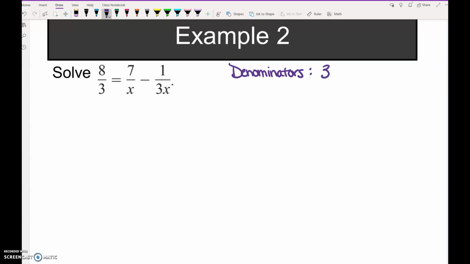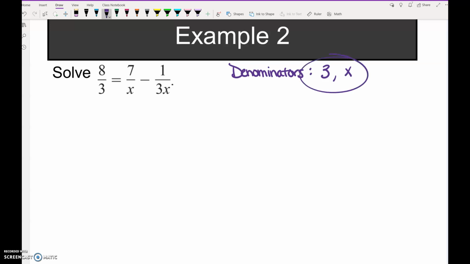There's a 3. There's an x. And what is this 3x really? It's 3 times x. So in the denominators, we have a factor of 3 and we have a factor of x. And then some combination of that. I want you to multiply everything by those denominators.